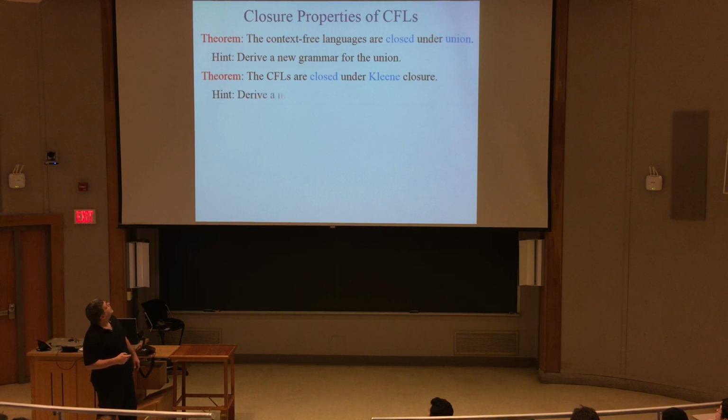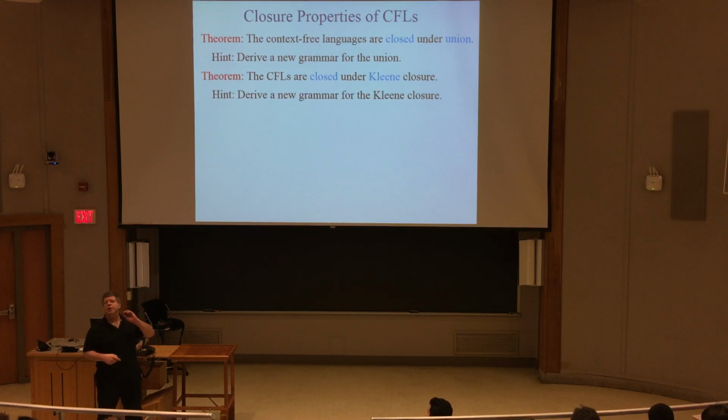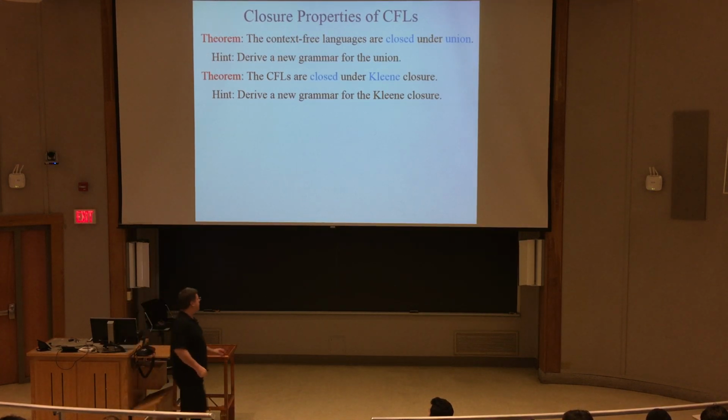Next closure property. Context-free languages are closed under Kleene closure. So how would you prove that? So you can derive a new grammar for the Kleene closure.